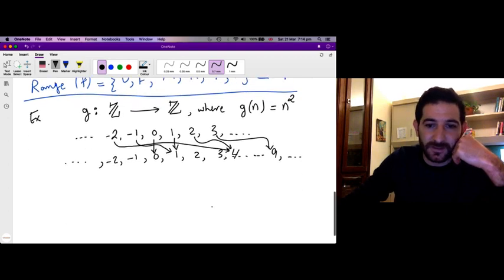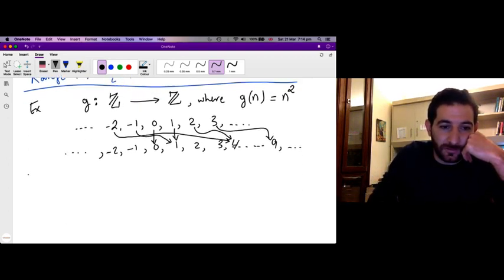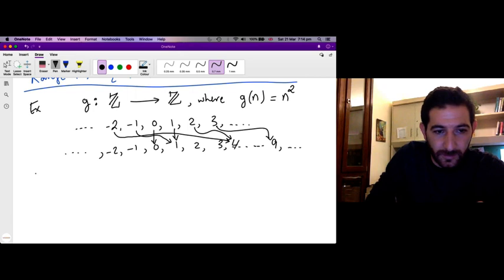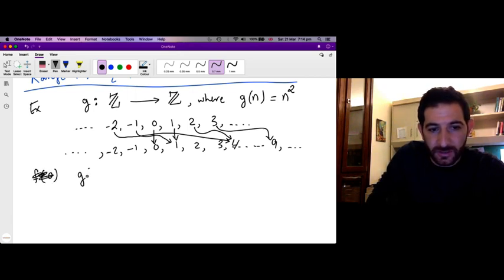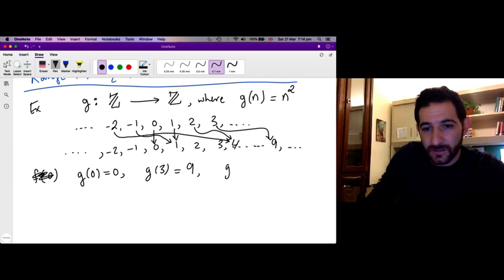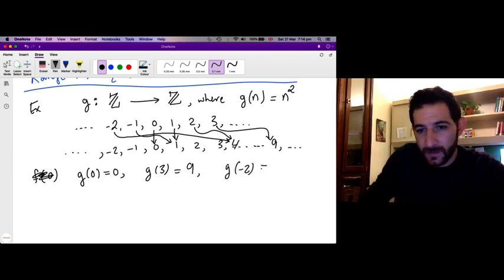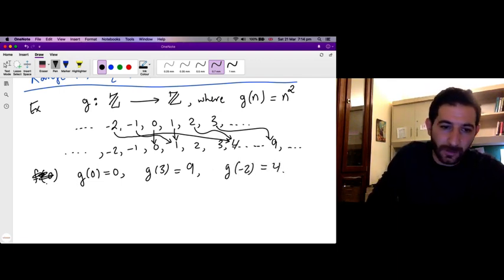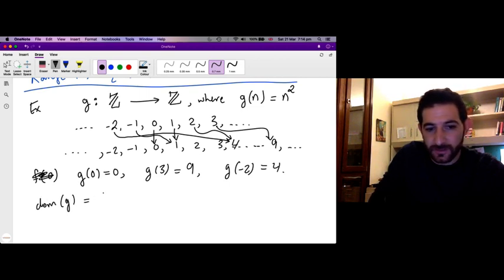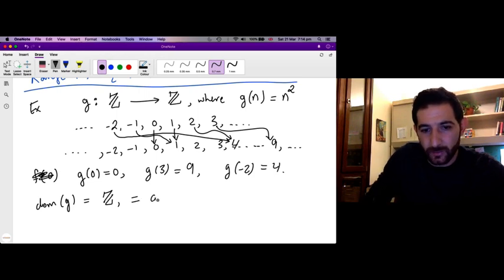So this is the picture, and you can say that, for example, g of 0 is 0, g of 3 is 3 squared, which is 9, and g of negative 2 is 4. Now the domain of this function g is the first set, which is the integers, which is the same as the codomain of g.